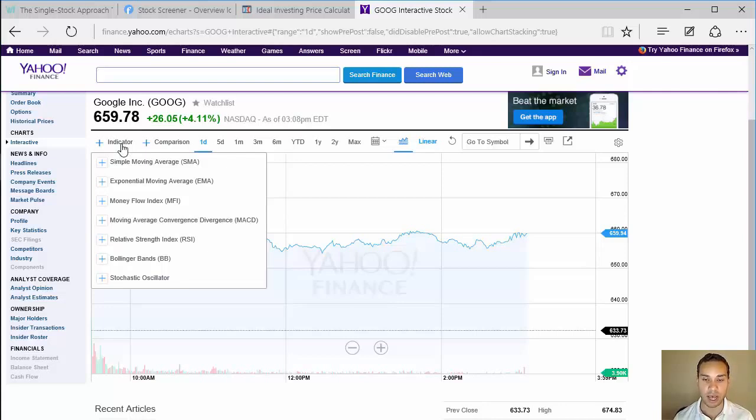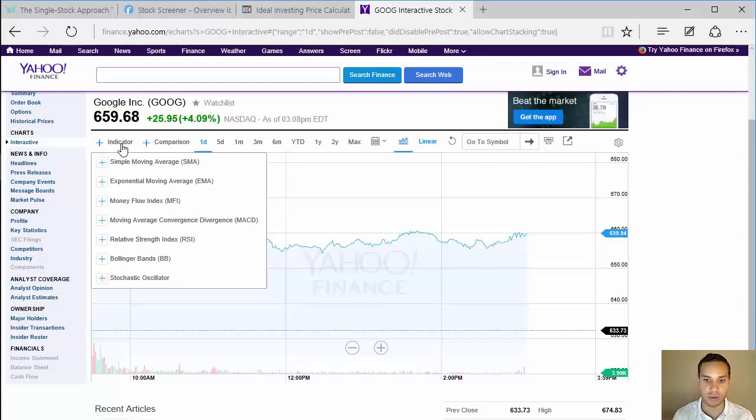If Google's at 700 and nobody's looking at it, it's probably going to stay around there because no one's looking to buy or sell. If it recently got to 700 and there's a tremendous amount of volume, then Google's probably not done moving yet, because there are still a lot of people clicking buy and sell orders.